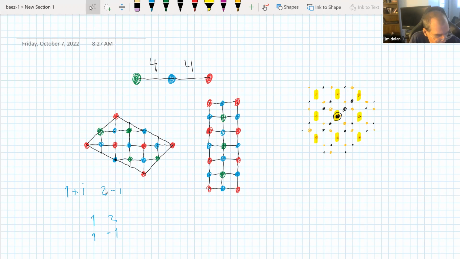Okay. So I've got 1 plus I, and I've got 2 minus I, and then I'm going to multiply each of those by 2 plus I. Part of the point is that over in the far right-hand picture, there's nothing about 2 plus I that's really been incorporated yet. But anyway, multiply both of them by 2 plus I, so what does that work out to be?